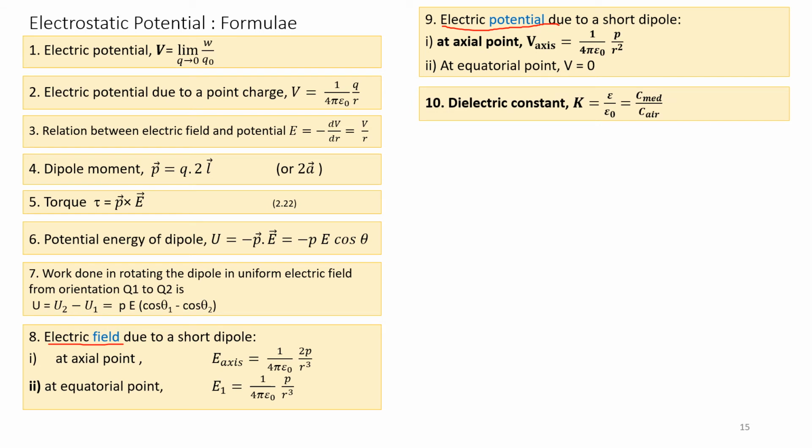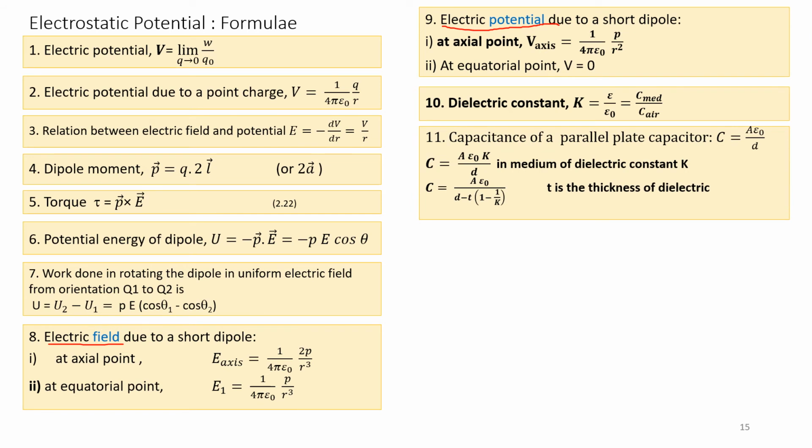Dielectric constant is given by the capacitance in the medium to the capacitance in the air, that is epsilon by epsilon naught. Formula number 11. Capacitance of a parallel plate capacitor C is equal to A epsilon naught by d. So it is independent of anything else, it depends purely on the dimensions.